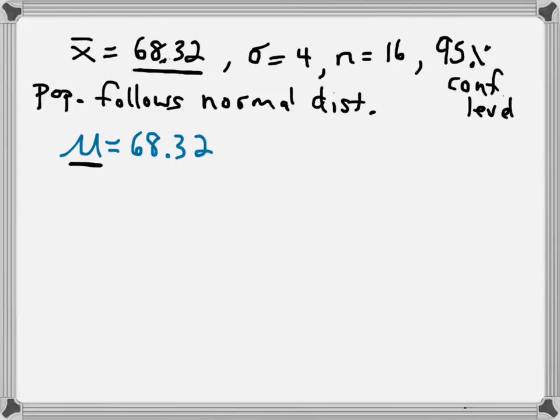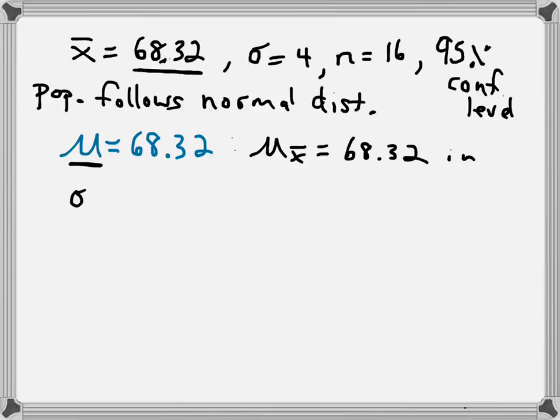So we know that if the real population has a mean of 68.32, then the mean of the sampling distribution is also 68.32 inches.